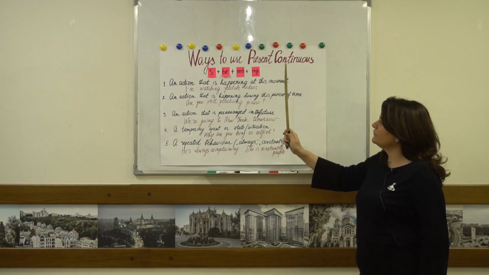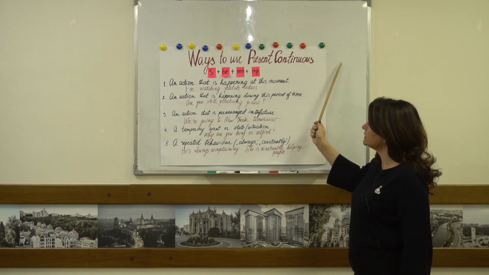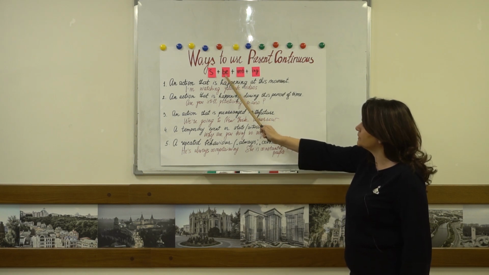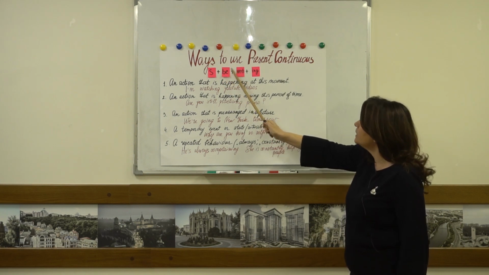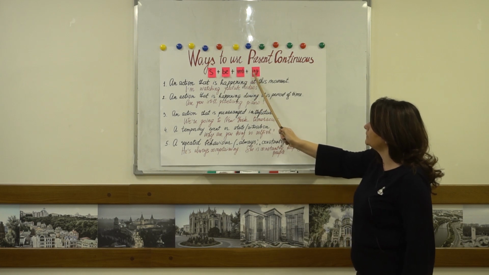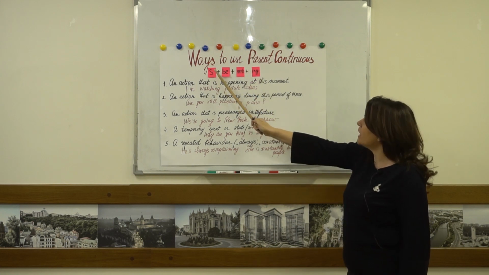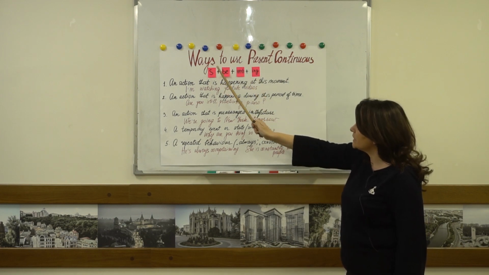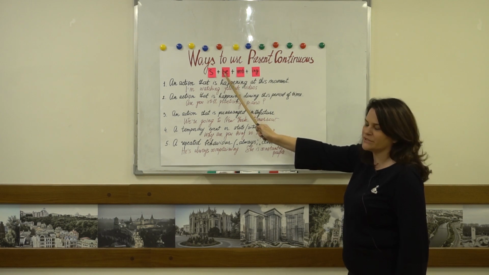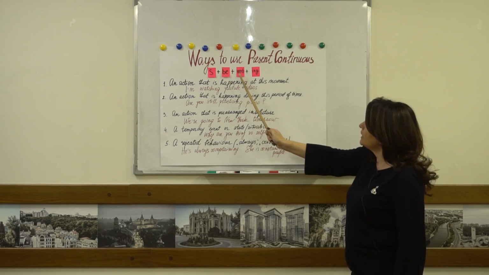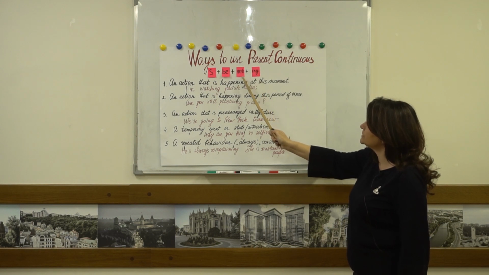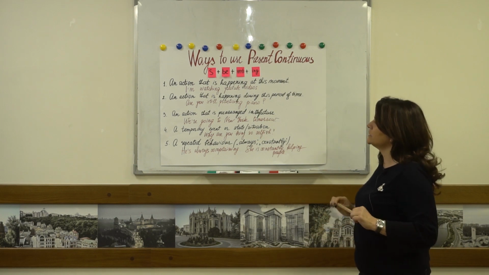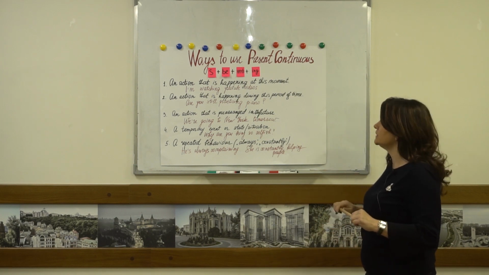The scheme of forming the present continuous tense in English is the following: subject plus verb to be in present simple plus verb plus ending -ing. For example, I am studying, where I is the subject, be in present simple is am, and study plus ending -ing, studying. I am studying.